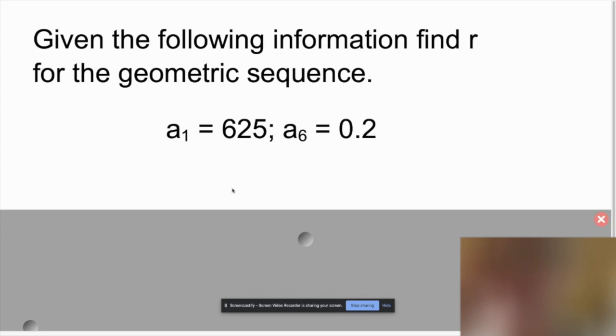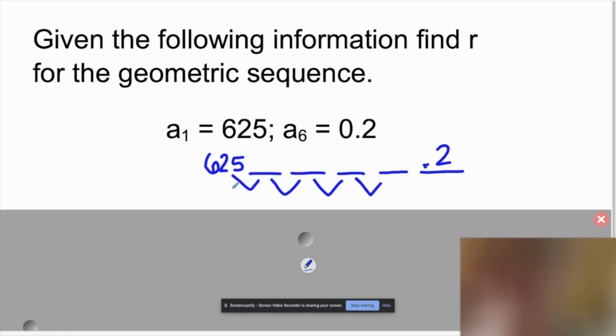Okay, so with arithmetic, we were able to write out, if this is our first term, second term, third term, fourth term, fifth term, sixth term, and we wanted to know how many, in the arithmetic we did how many common differences.